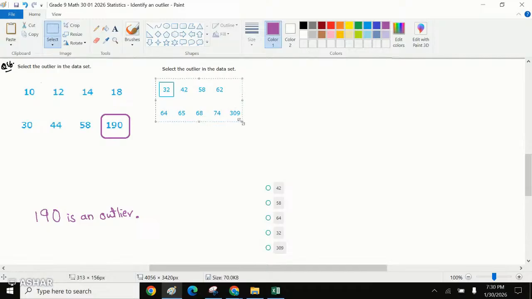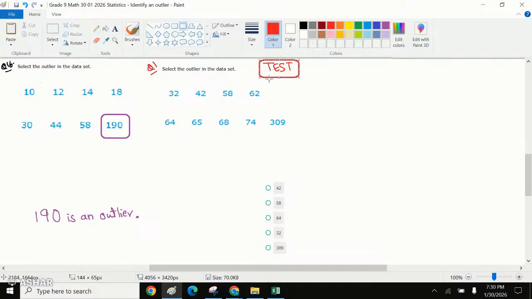The first question in the test says, select the outlier in the given data set. This is question number 1 from the test. So which number should be an outlier? I'll make a marking point over here so that it shows us that we started off with the test.